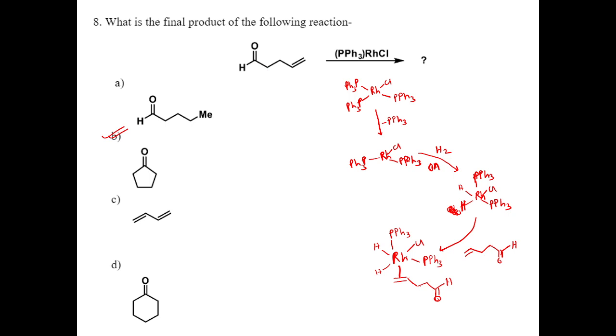And as I already told you, this is the alkyl type of thing, right? So the beta migratory insertion will always be the linear one, right?